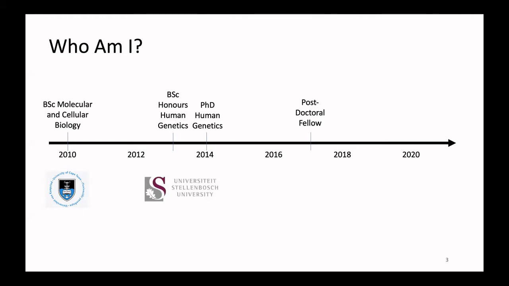I started my master's and was upgraded to a PhD, and I graduated with my PhD in 2017, and I started my postdoctoral fellowship that year. Ever since 2017 I've been in the same lab, same division, same department. I love it so much. I can't seem to leave.